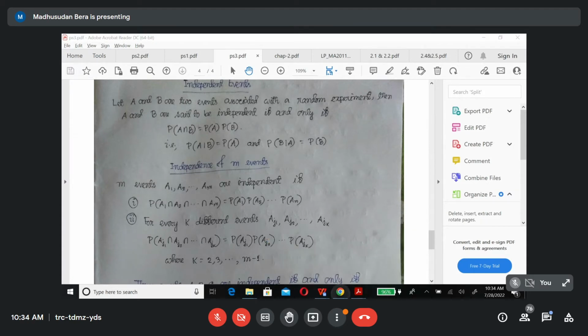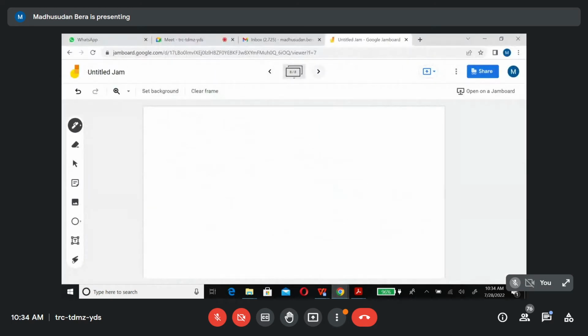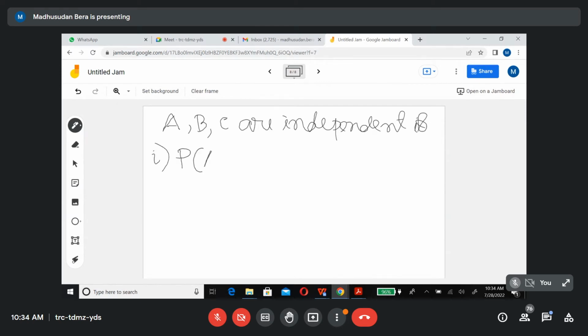For three events, I am writing A, B, C. A, B, C are independent. What is the condition? The first condition is, if we take the intersection of all the events, A intersection B intersection C, that will be the product of the individual probabilities, P(A), P(B), P(C). Then three events at a time, then two events at a time.